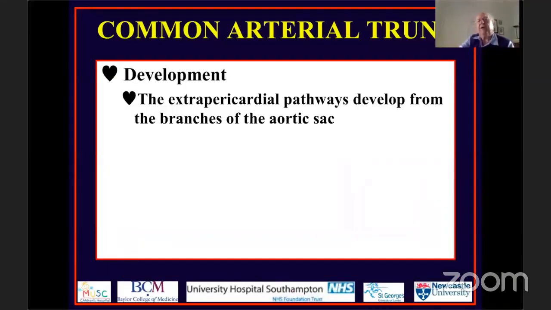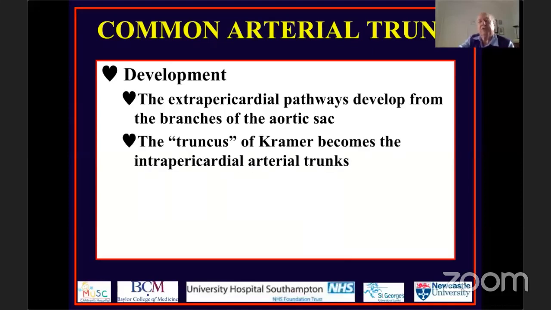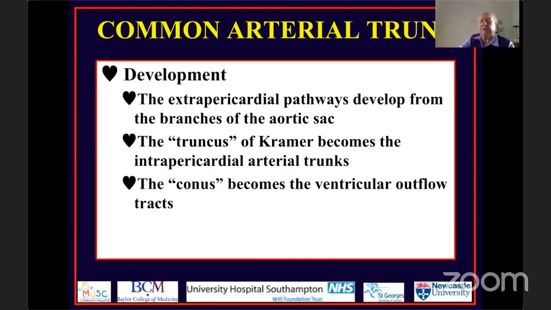So if I summarize what we know of normal development, we now know that the extrapericardial pathways develop from those branches of the aortic sac which percolate through the pharyngeal mesenchyme and reach the dorsal aorta. The distal outflow tract, which was described by Kramer as the truncus, becomes the intrapericardial arterial trunks.